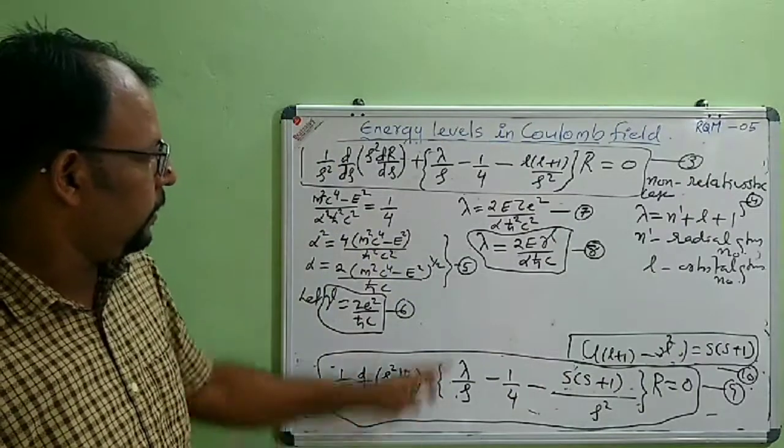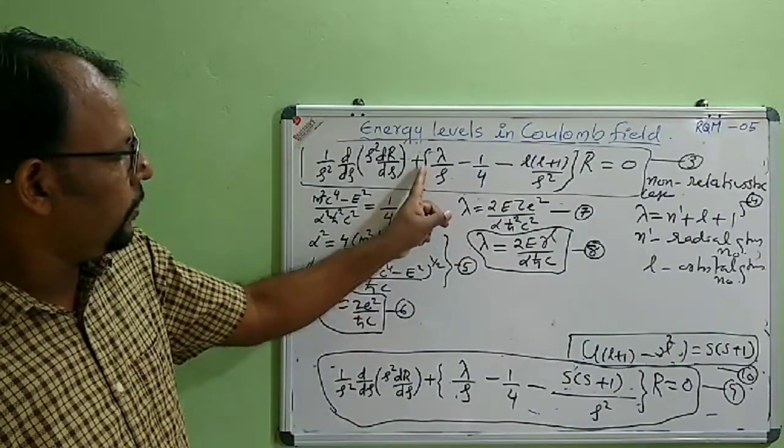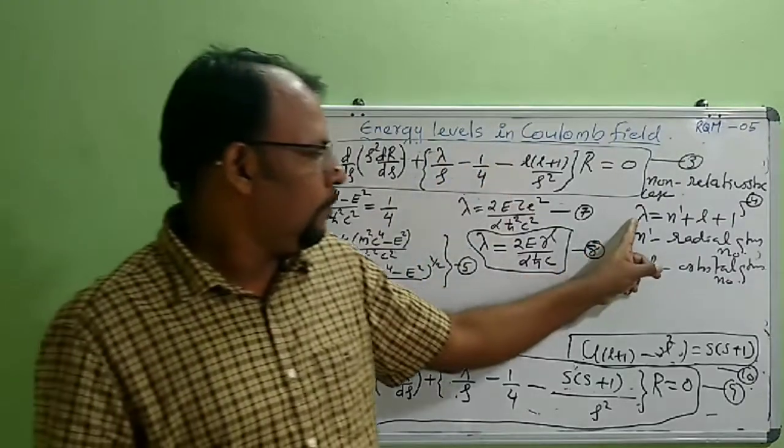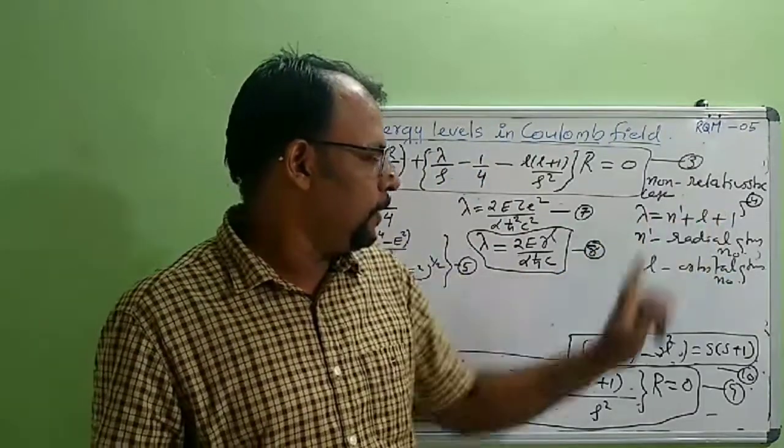From this equation we have obtained the relation between lambda and L as lambda equal to n dash plus L plus 1.